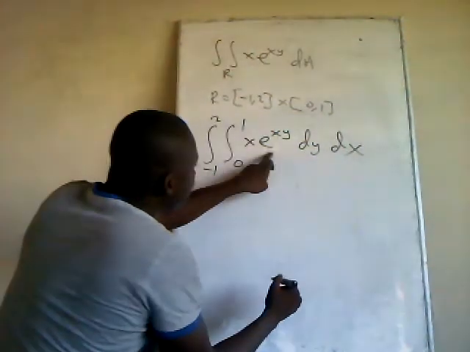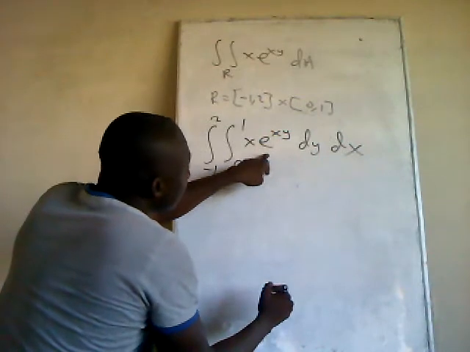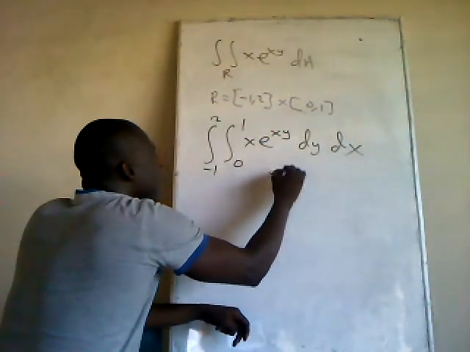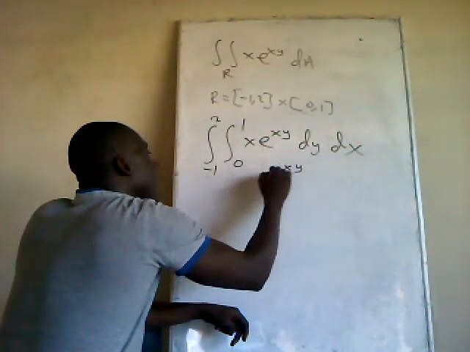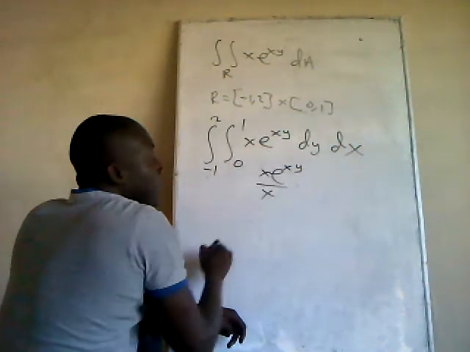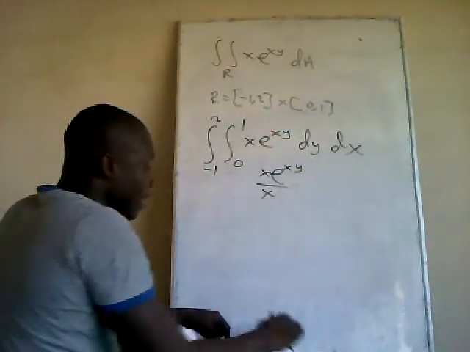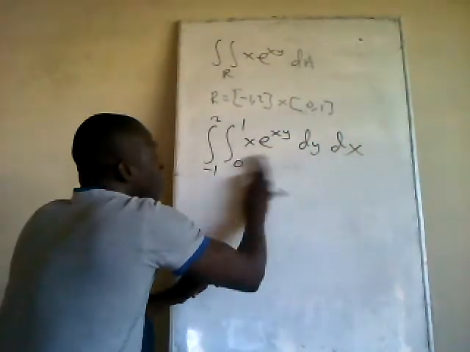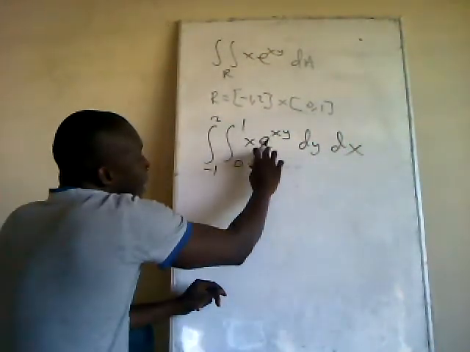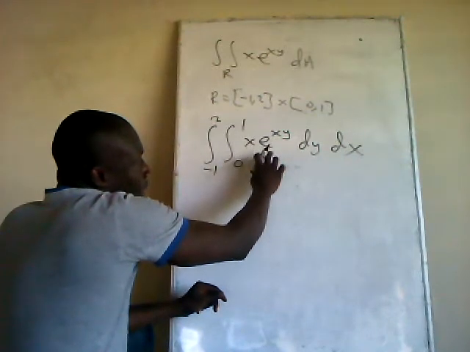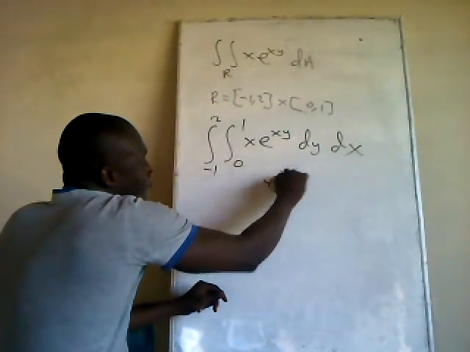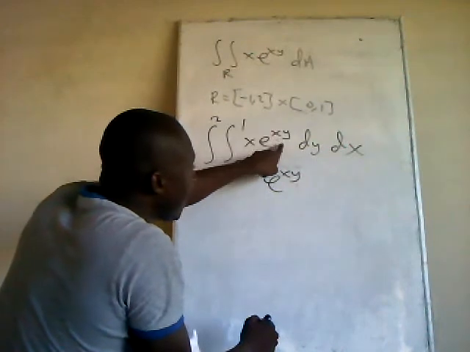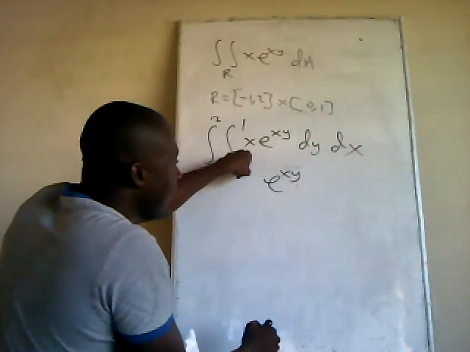Now if I integrate this with respect to y, I'm going to get e^(xy) over x. When I integrate the e function, I get the same thing, e^(xy); I differentiate what is there, I get x with respect to y, it comes to divide and cancels the x.